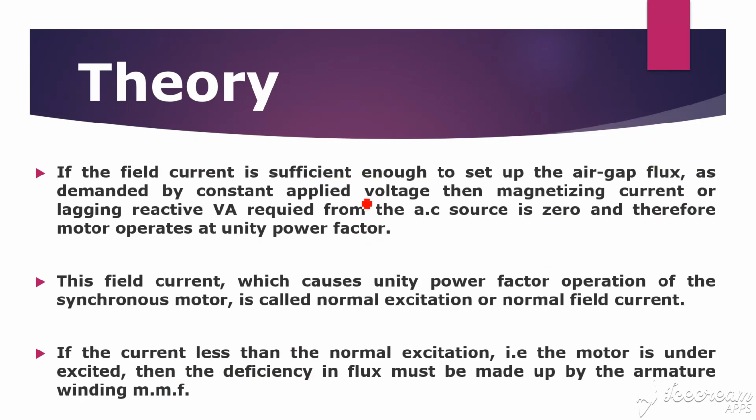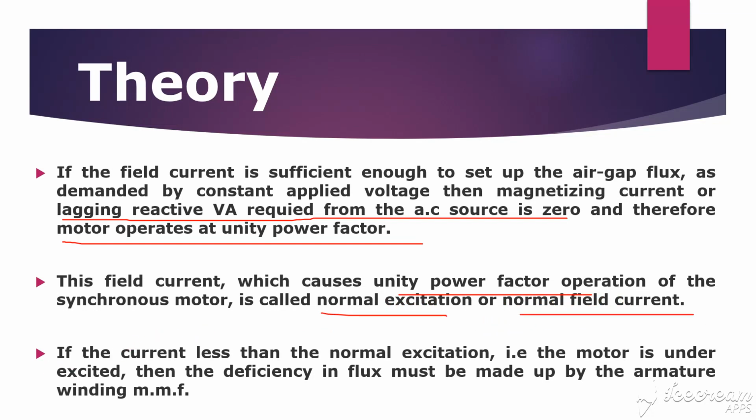So if the field current is sufficient to set up the air gap flux as demanded by the constant applied voltage, the magnetizing current or lagging reactive VA required from the AC source is 0, and therefore the motor operates at unity power factor. The second point: this field current which causes unity power factor operation of the synchronous motor is called normal excitation or normal field current. This is with respect to unity power factor.